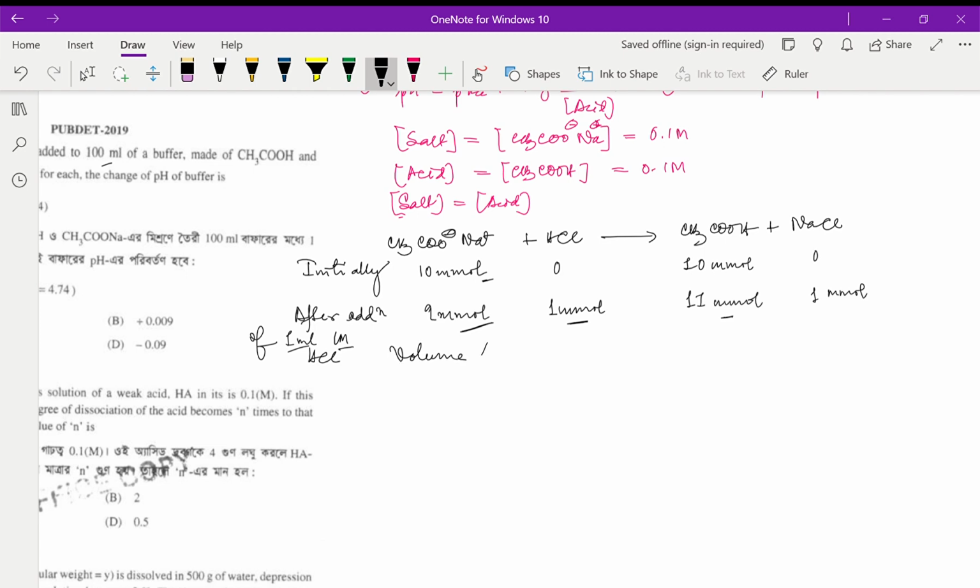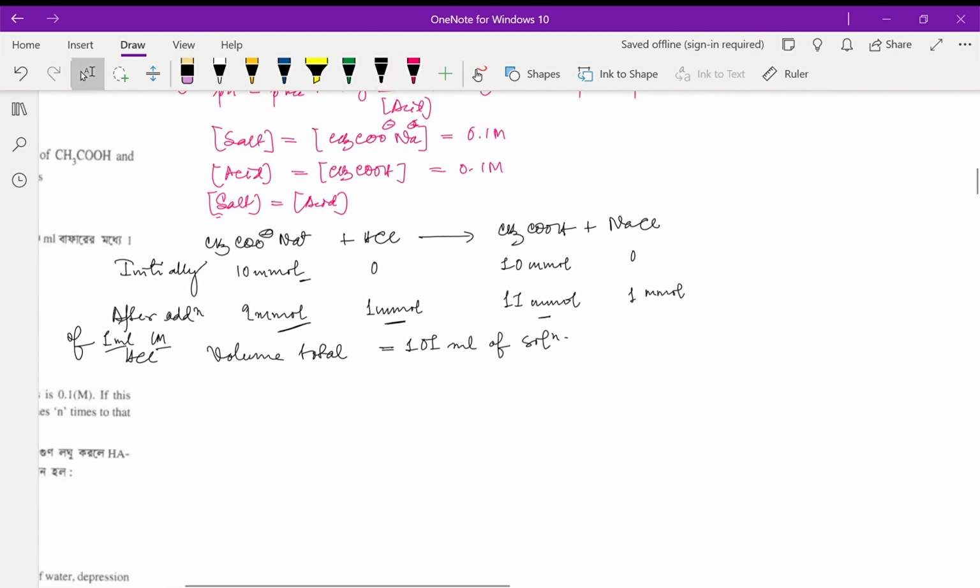Volume total is 101 ml of solution. What is the concentration? We know it is the number of millimoles divided by the volume in ml.